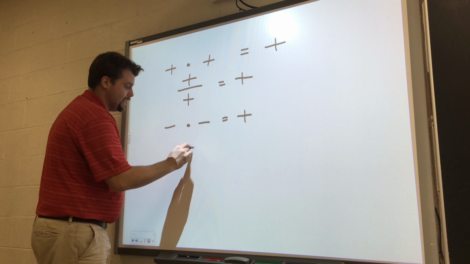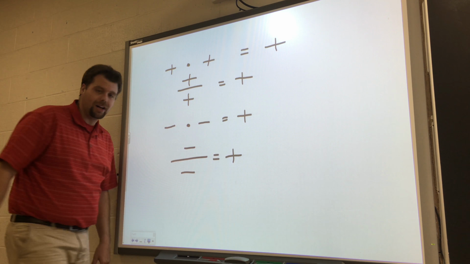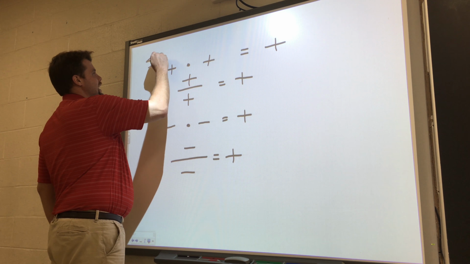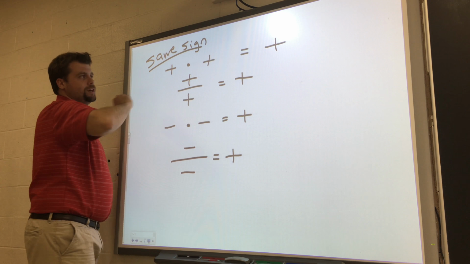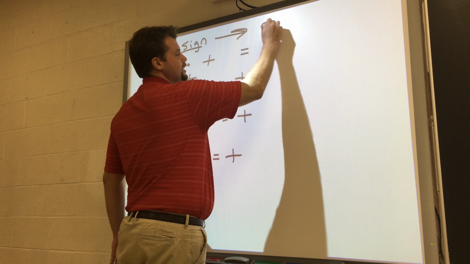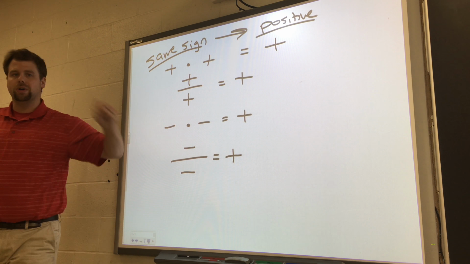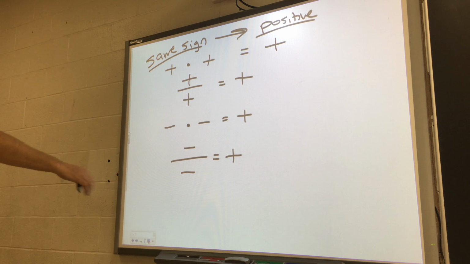If you have a negative divided by a negative, you also get a positive. So again, same sign, multiplication or division will get you a positive product or quotient. Very important. Get that down right now.